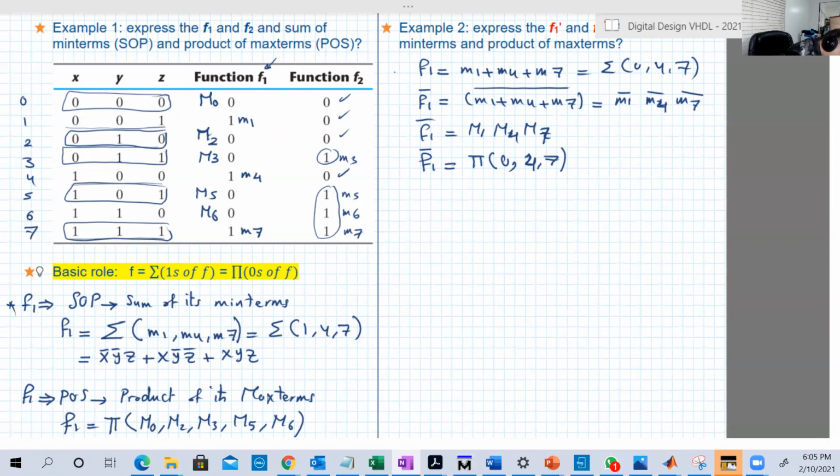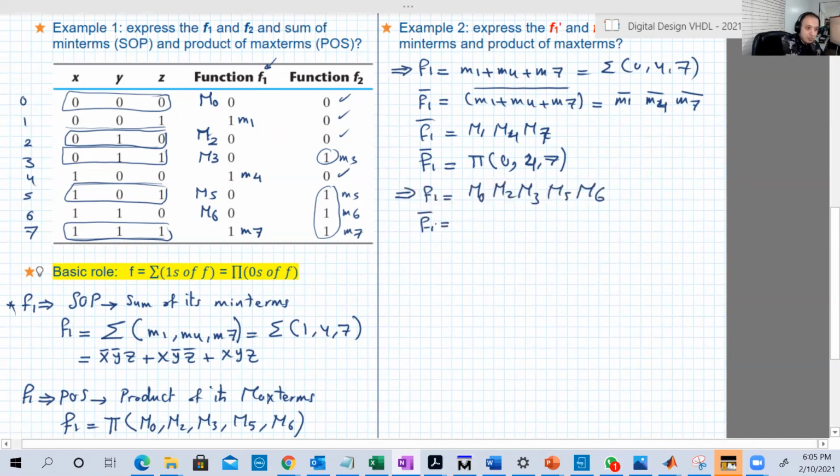So this is for the sum of product. For the product of sum, f1 is the product of, that's very big, M0, M2, M3, M5, M6. So f1 prime should be m small 0 plus m small 2 plus m small 3 plus m small 5 plus m small 6. But we can just analyze it, I mean prove it.